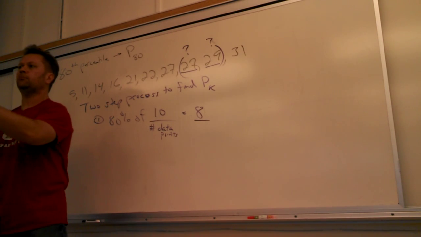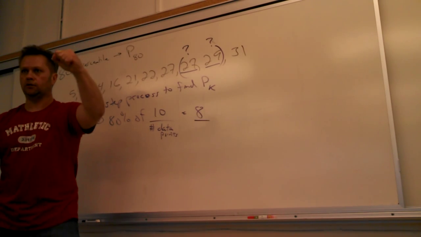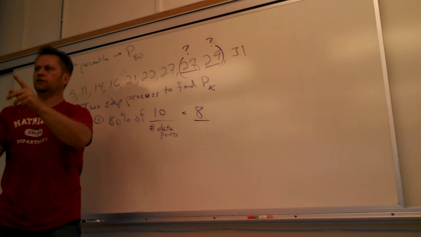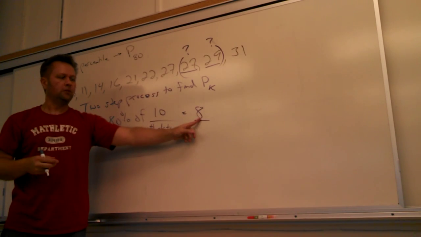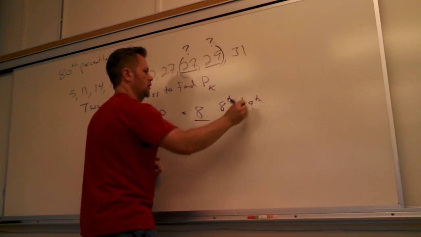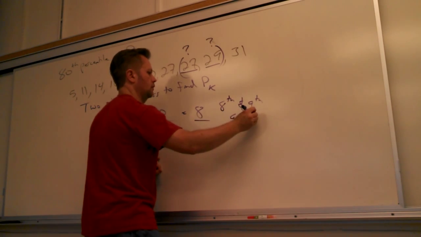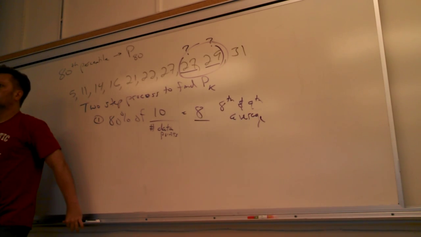If it comes out to be 8 point something, you round up. Then the answer would be the 9th one. Let me say that again, and we'll do another example where it does this. Whole number, you take that one and the next one and average them. And that matches with what we said should happen up there, right? And think about it.